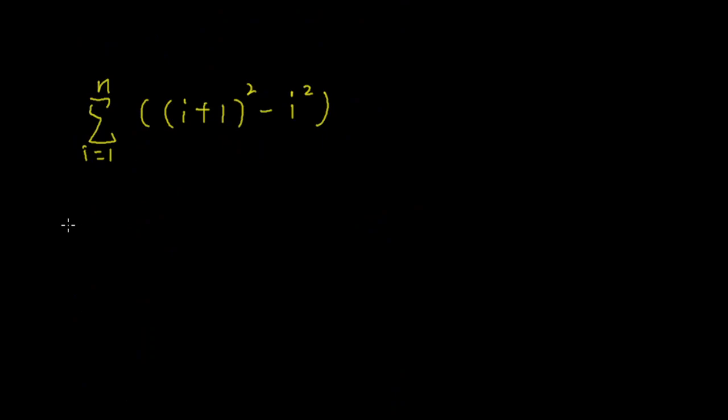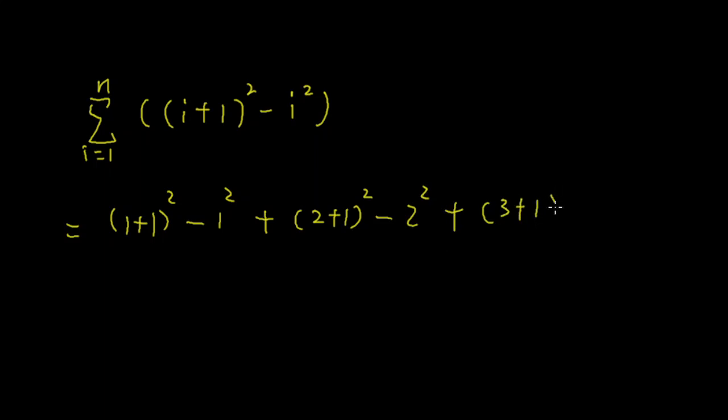How do we write this? We start with i equals 1, right? So we'll put 1 here and then 1 here. So that is (1 plus 1) squared minus 1 squared. Plus, now i will be 2 this time, so we have (2 plus 1) squared minus 2 squared. Next, i is 3: (3 plus 1) squared minus 3 squared. Plus all the way.